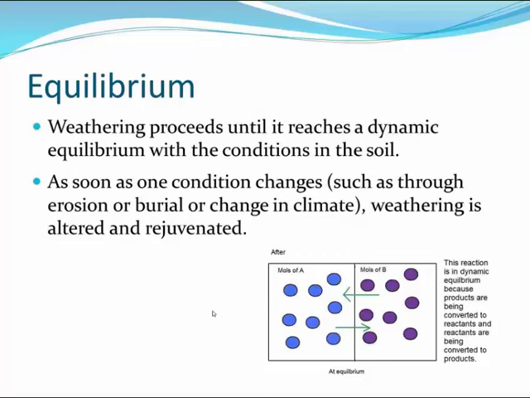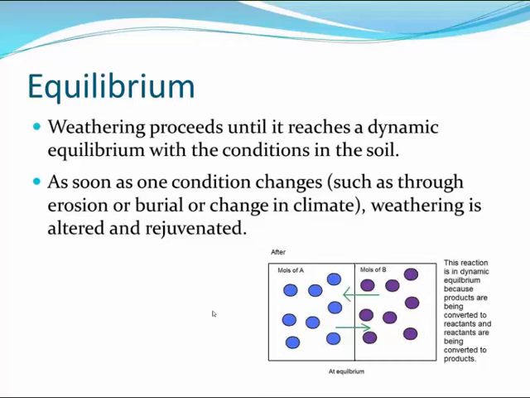All the processes, all the conditions of chemistry and temperature and everything are in equilibrium, and then weathering would stop. But as soon as one condition changes, such as having erosion or burying the soil or having a change in climate like we're experiencing, weathering is altered and rejuvenated because it's out of equilibrium.